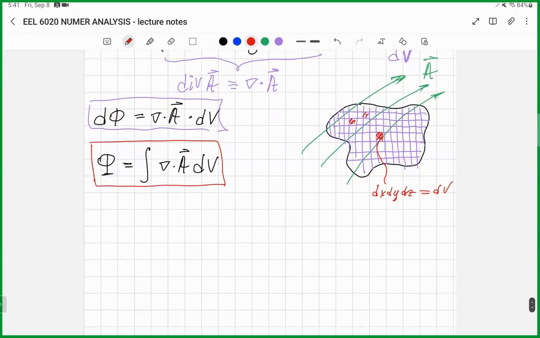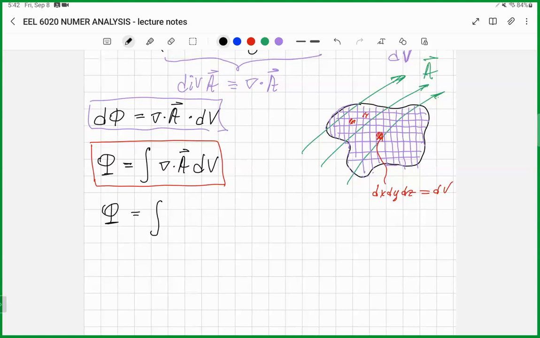Okay, so this formula deserves to be framed. All right. At the same time, for the same object, the total flux is given basically by the surface of this object times the vector field. Mathematically it means that the same flux through the same object is given by the surface integral.